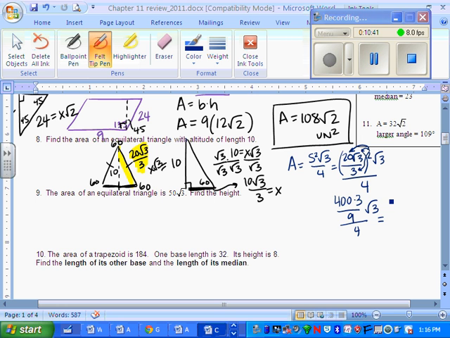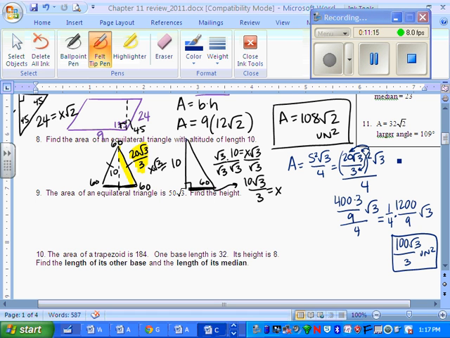Looks a little messy, so I'm going to do 1200 divided by 9, and I can get 13 1/3. So another way to do this is 1200 over 9, the root 3 stays, and I can multiply that by 1/4. Okay, 300 goes into that, so that simplifies to 100 root 3 over 3 units squared.